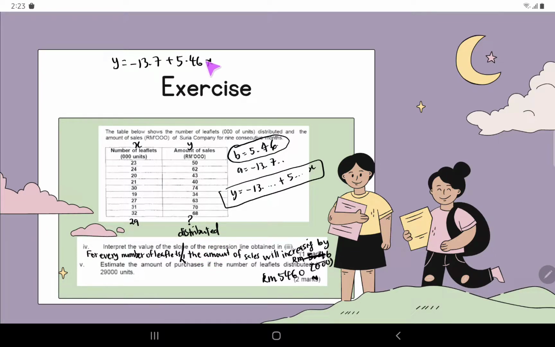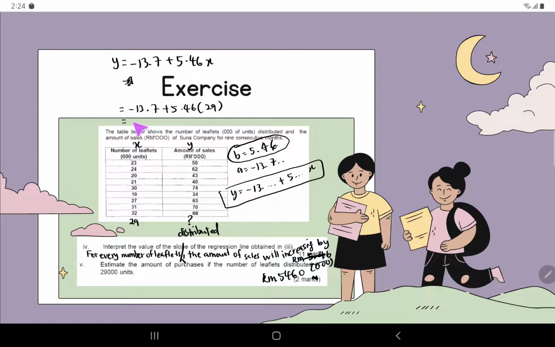So macam mana? Masukkan je lah X is 29, masukkan dalam ni, so kita akan dapat value of Y. Negative 13.7 plus 5.46 darab dengan 29. Okay, X is already in 1000 units, so kita just masukkan X to 29 lah. Okay, so just use your calculator. 29 times 5.46, plus dengan negative 13.7.